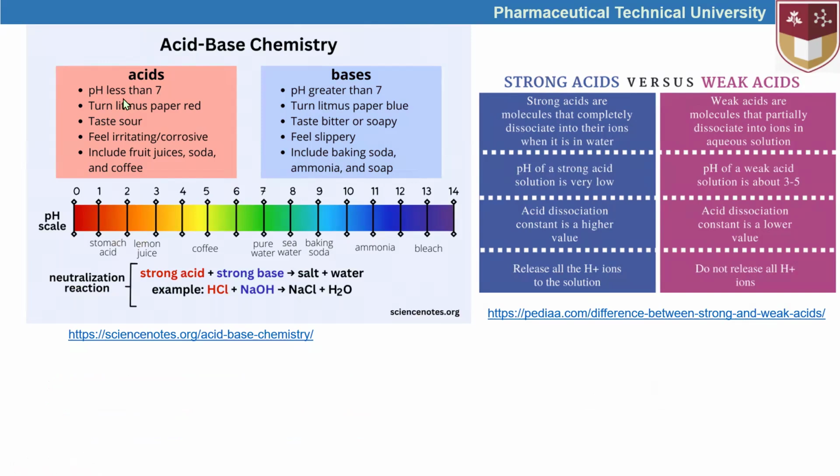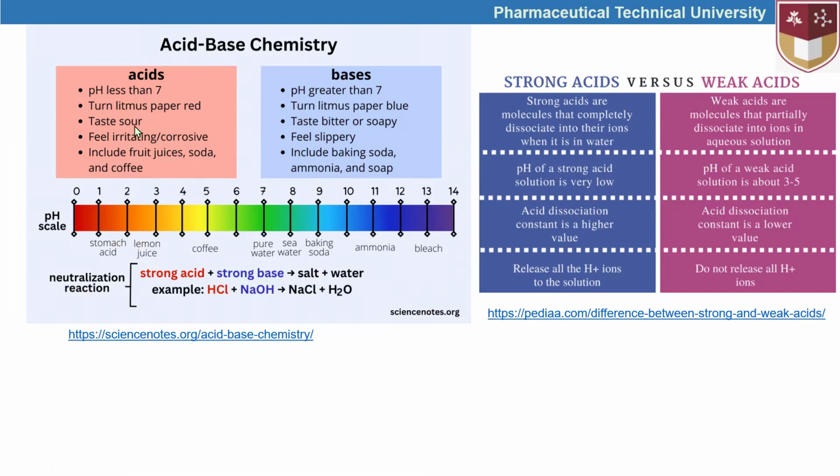Here we can see about acids and bases. Acids are those that have a pH less than 7, and the bases have a pH higher than 7. And acids turn litmus paper red, bases turn litmus paper blue, as shown here.